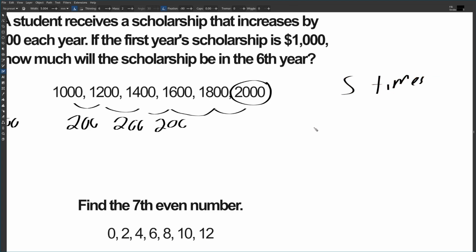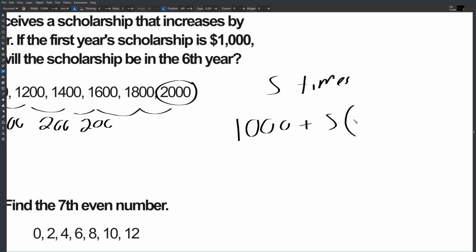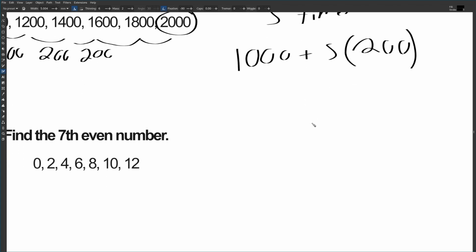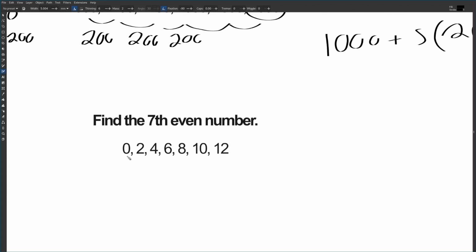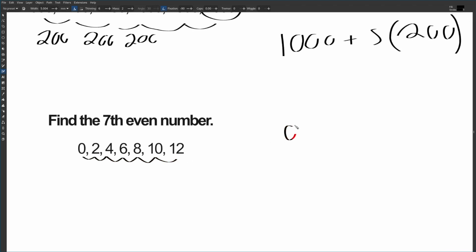So we did it 5 times here, which was 1,000 plus 5 times the common difference, which is 200. This got us our final answer. And for this one, we added the common difference 6 times. So 0 plus 2 times 6.